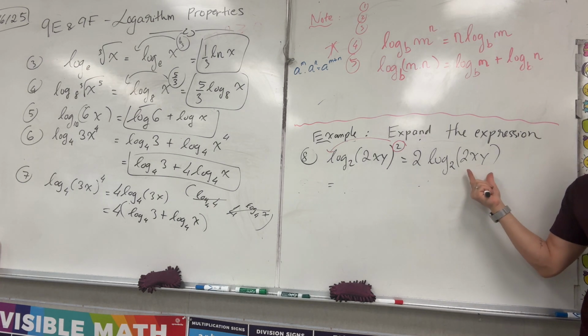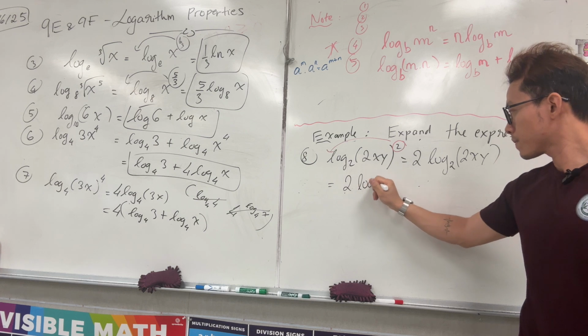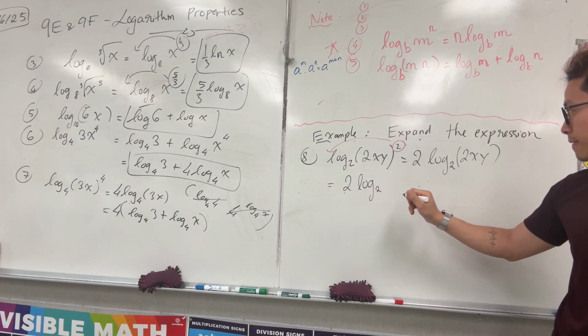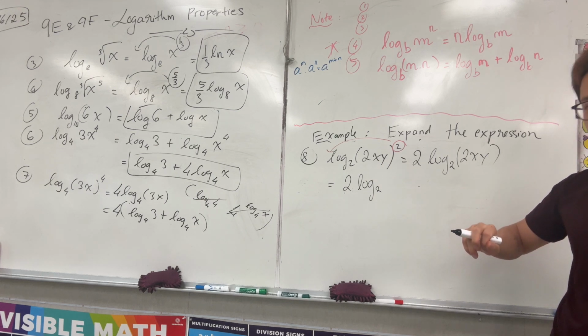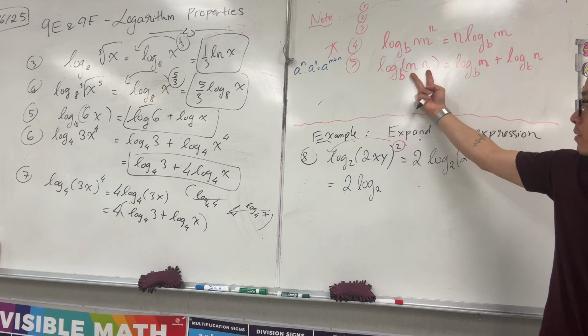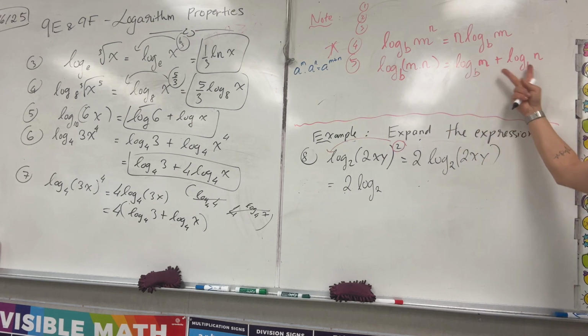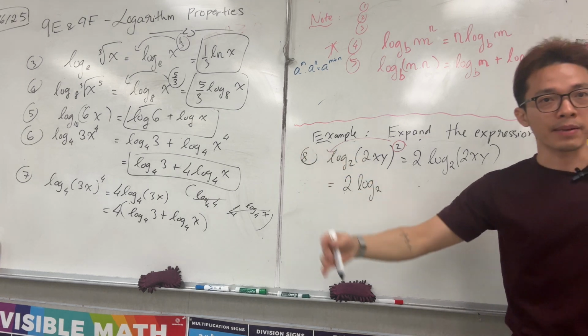And now what are you going to do when they have multiplication inside here? You're going to break them. When you have multiplication, you break each of them separately. They have their own log.